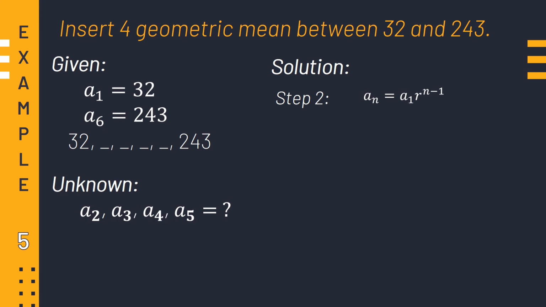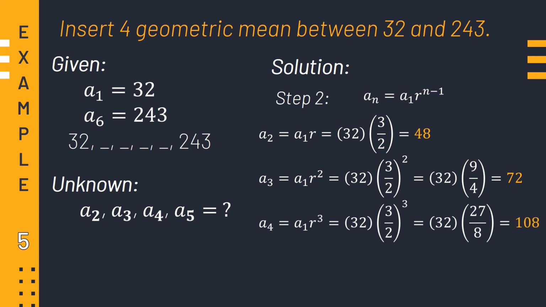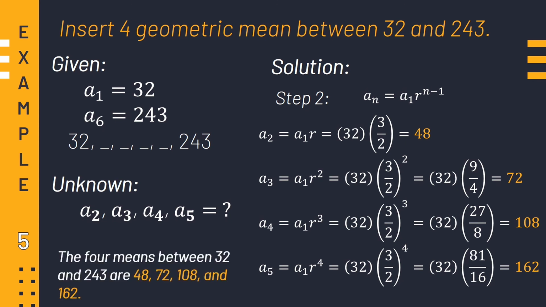Solving for the first mean, for the second mean, for the third mean, and for the last missing mean. Therefore, the four means between 32 and 243 are 48, 72, 108, and 162.